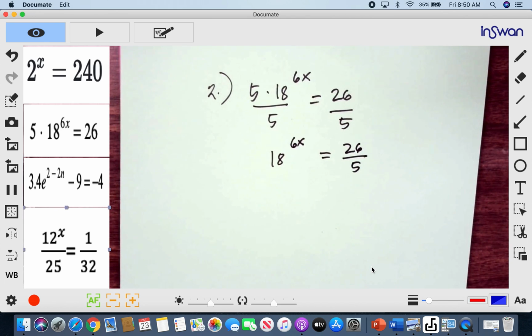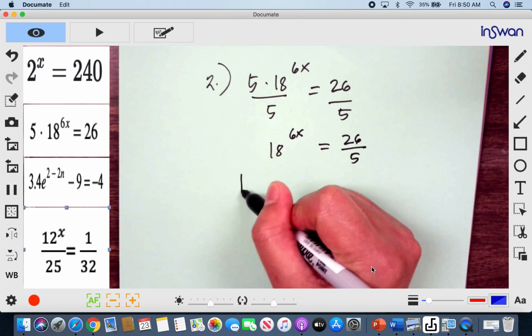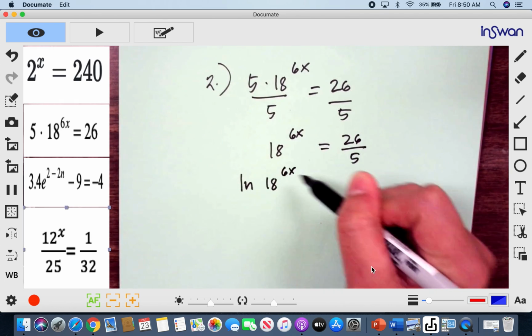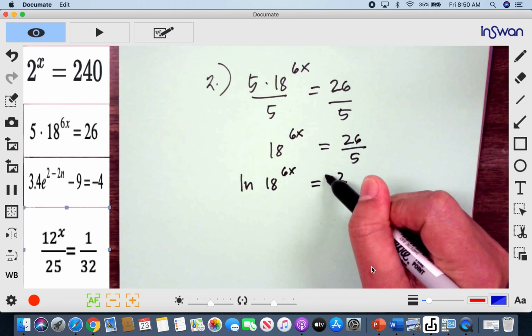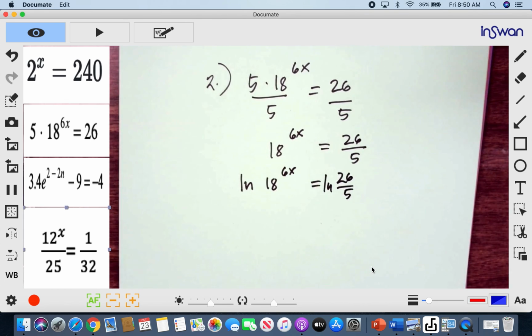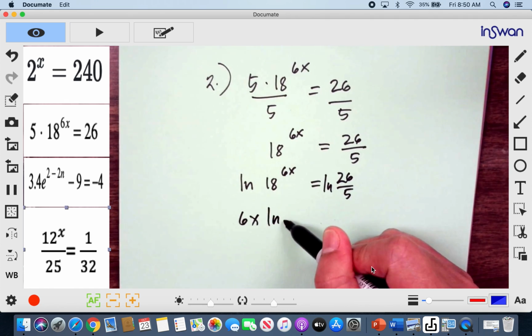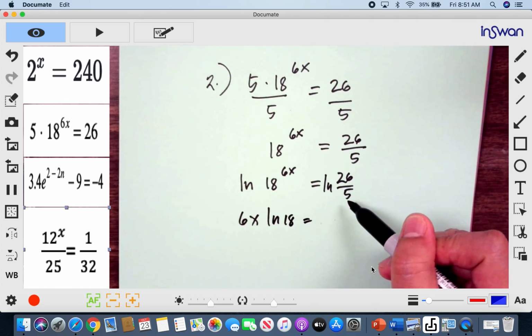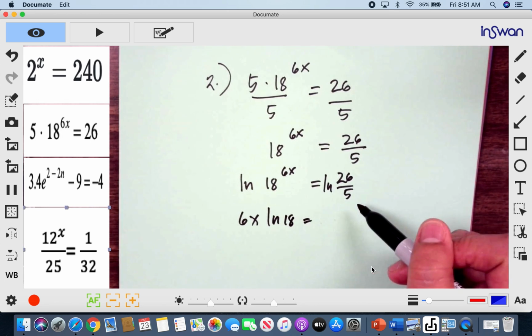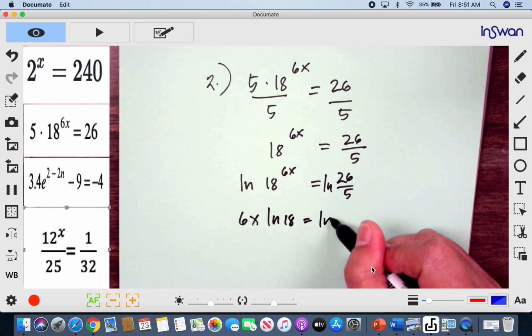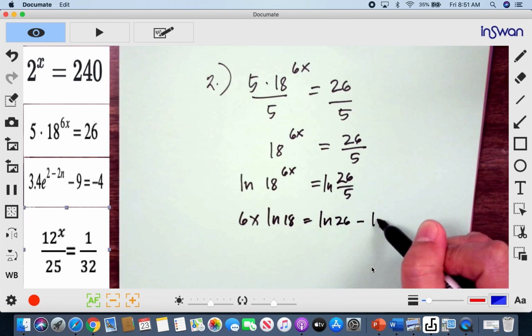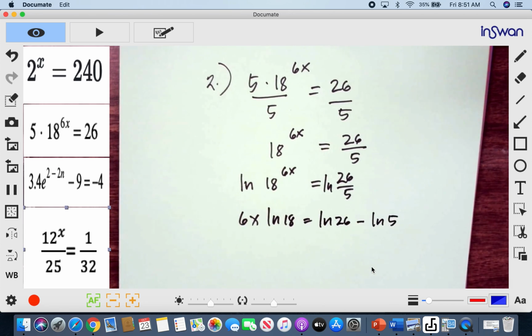Now we can apply the natural logarithm on both sides of the equation. So this becomes ln 18 raised to 6x equals ln of 26 over 5. Alright, so we can apply the power rule now. That will be 6x ln 18 is equal to, we can even put this in expanded form, and that would be ln 26 minus ln 5, because when you're dividing, you will be subtracting.